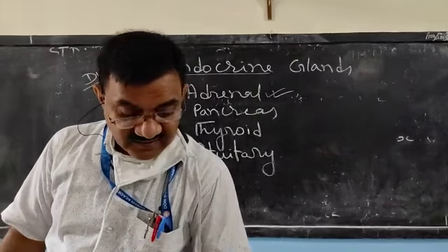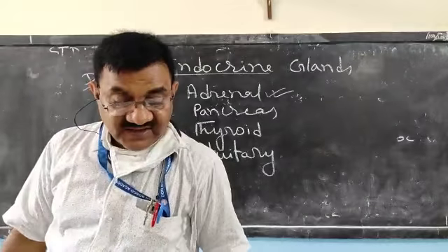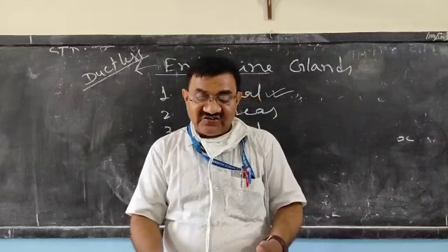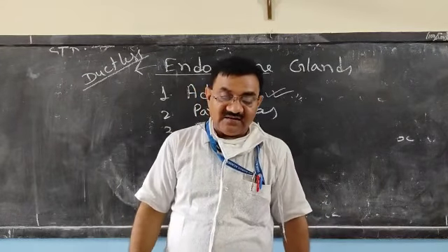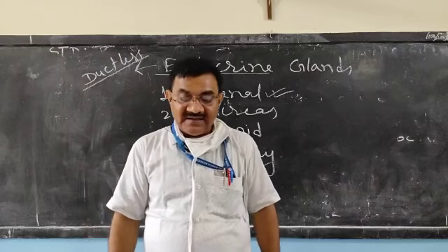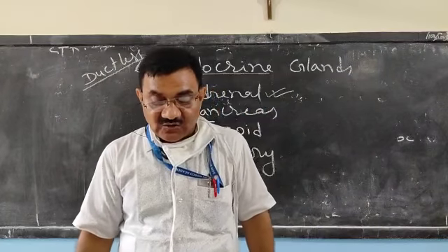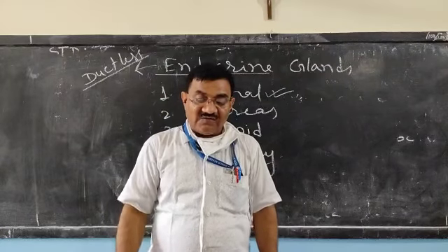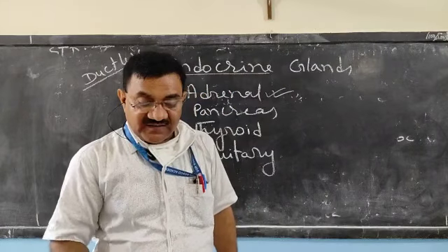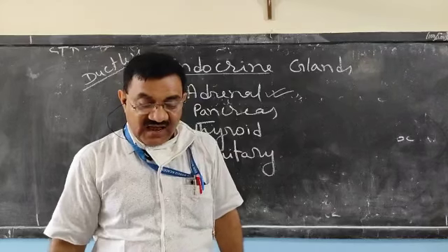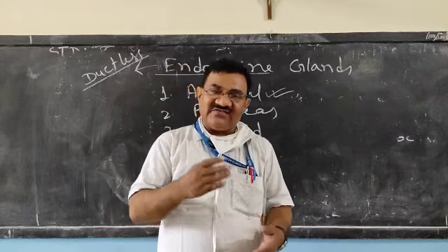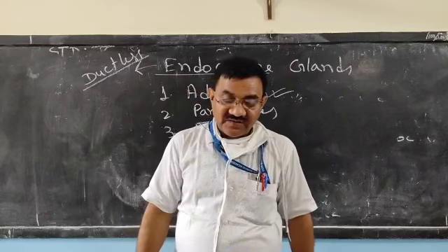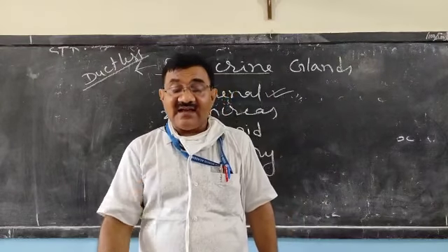It secretes thyroxine and calcitonin, and we have to discuss the function. Thyroxine controls metabolic activities, basal metabolism, and due to under secretion of thyroxine, simple goiter, cretinism, and myxoedema diseases take place. Simple goiter is swelling of the gland in the neck.